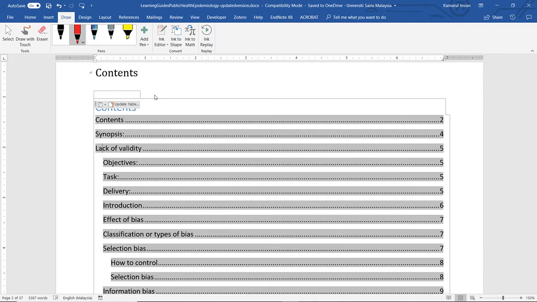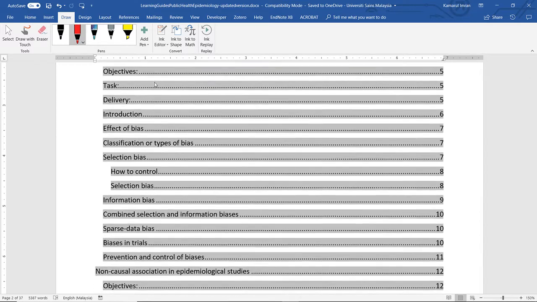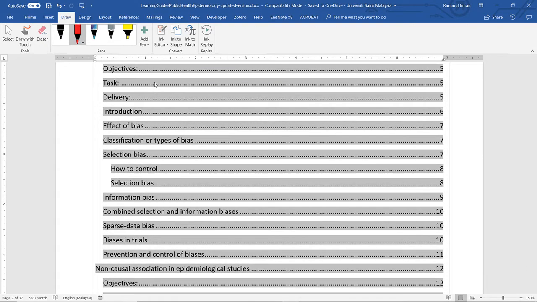We can classify bias into different types, basically selection bias and information bias.